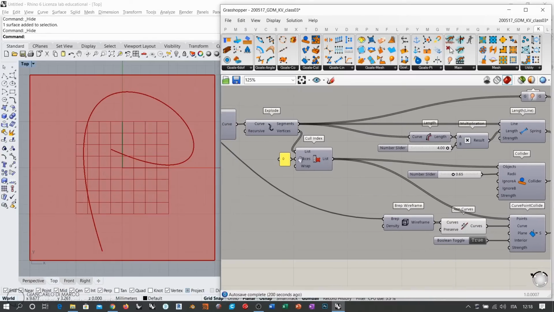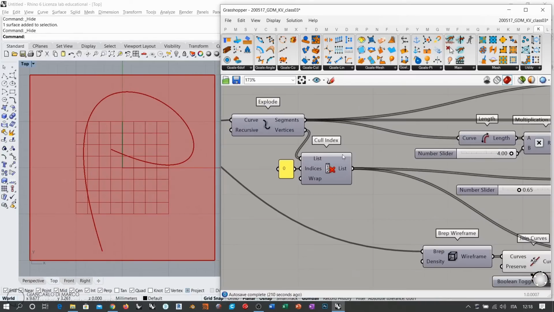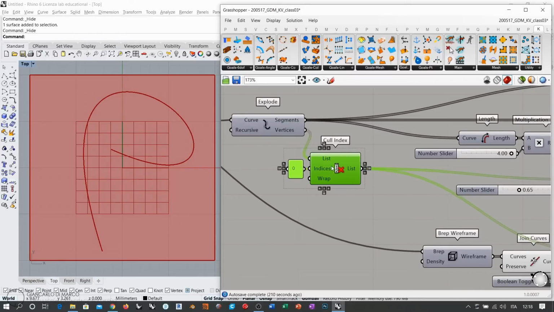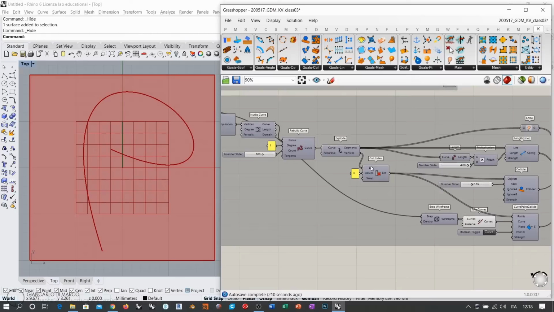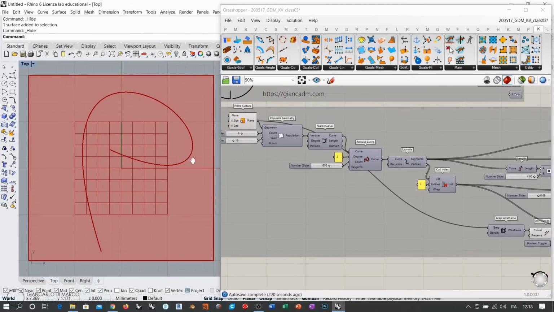Now you see that here I added this curve index. The reason I added it with respect to yesterday's definition is that what I want to do actually is work with a closed shape in order to have this closed shape expand inside this region, so we don't have loose ends like in our design.